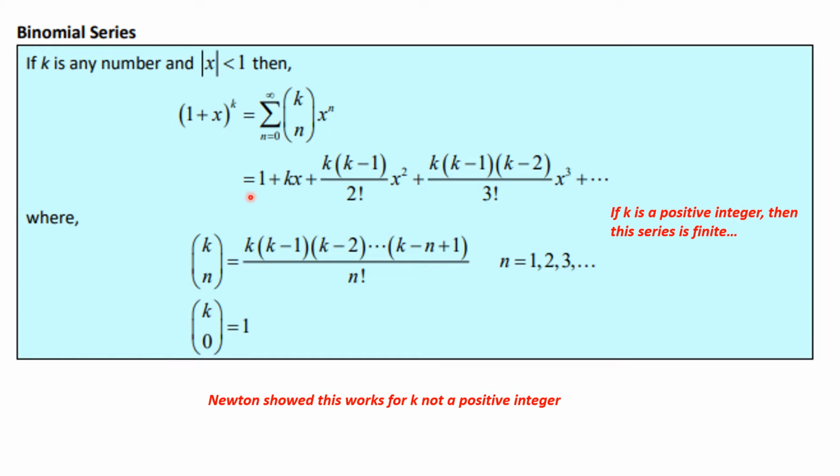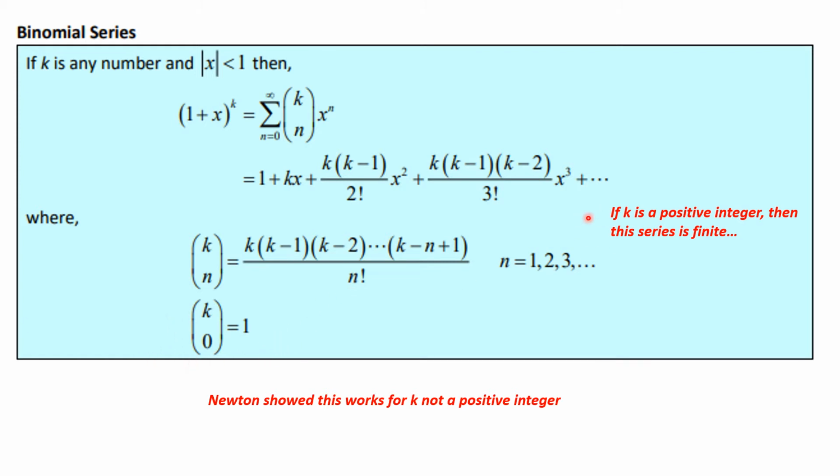Now this is what we get for k choose n: you start with k, then k minus 1, k minus 2, all the way down to k minus the quantity n minus 1, and when you distribute it you get this. This is all over n factorial. And again, k choose 0 is 1.